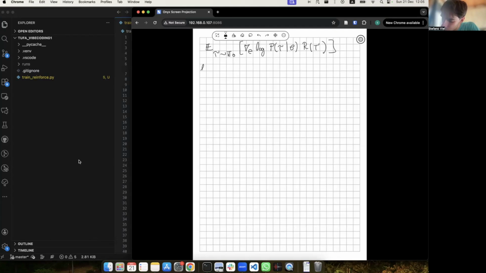This logarithm of p tau theta is the probability of a certain trajectory given the parameters theta that parameterize our policy. But the probability of a certain trajectory doesn't just depend on the parameters of our policy.